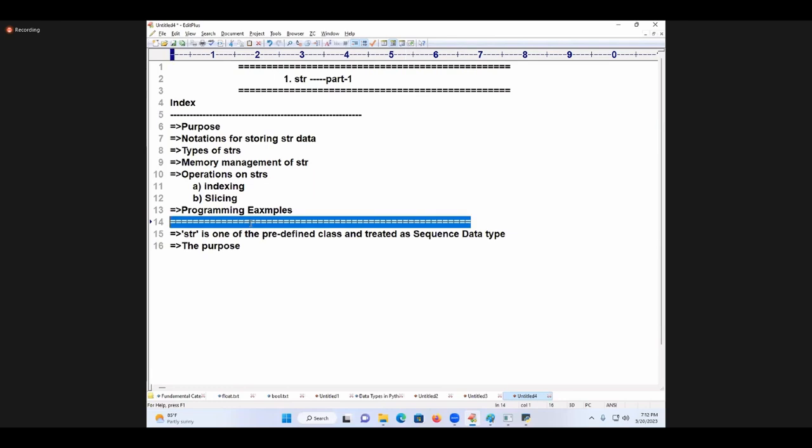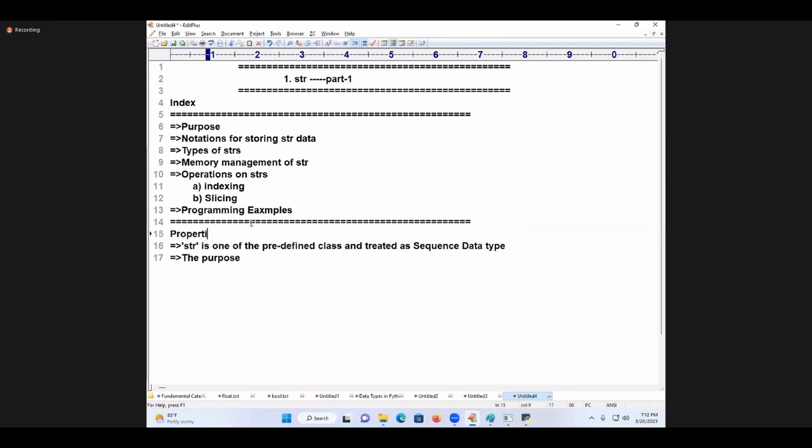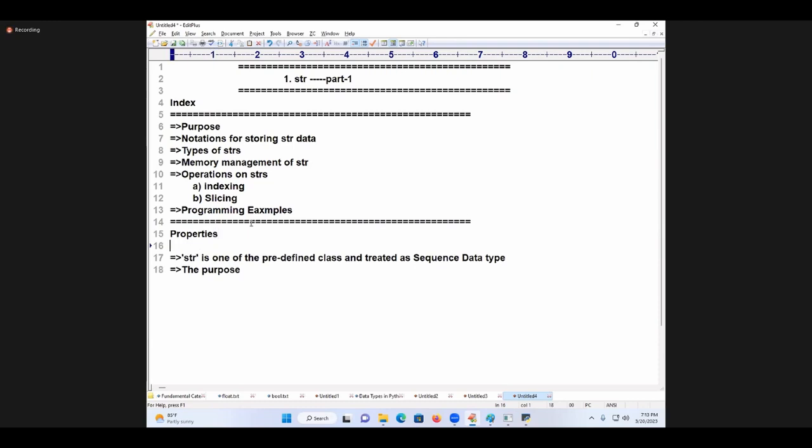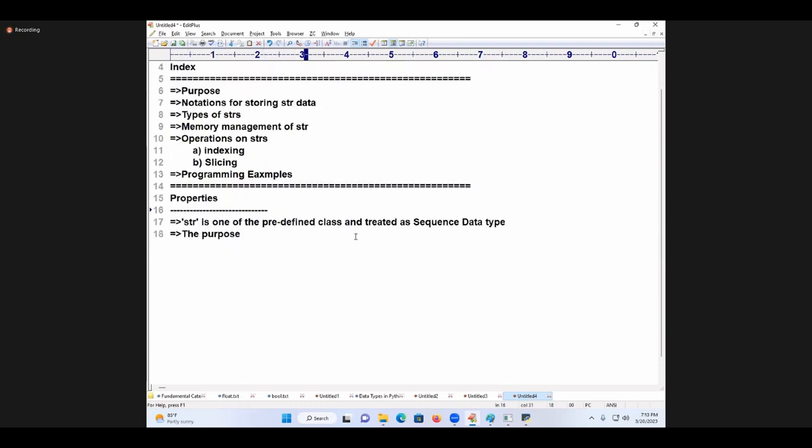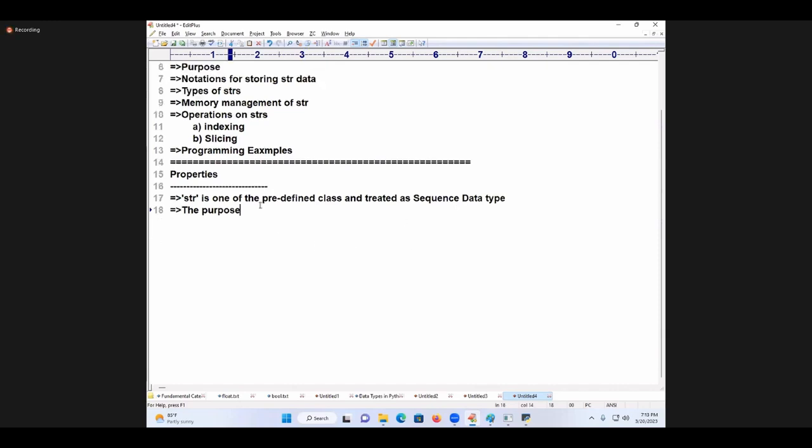So I'm going to talk about this index description. Carefully follow. I'm going to start with the properties. Under the properties, I'm going to cover all these things. What is the first one? STR is one of the predefined classes, treated as which type? Sequence. Good.